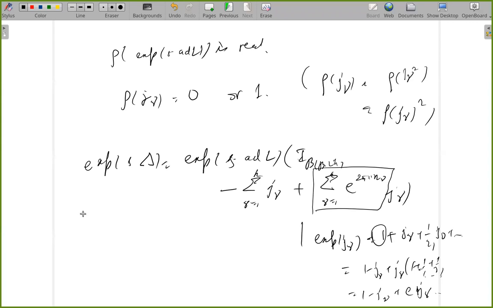So now rho of this has to be real, right? We just noted it here. Rho of exp of S lambda is real. Rho of exp of S add L is real. And rho is a multiplicative functional.